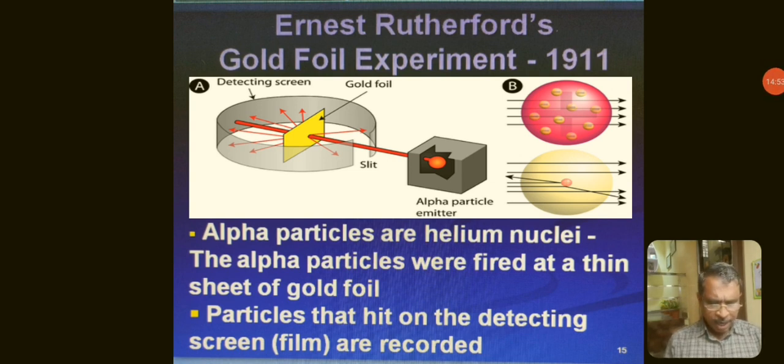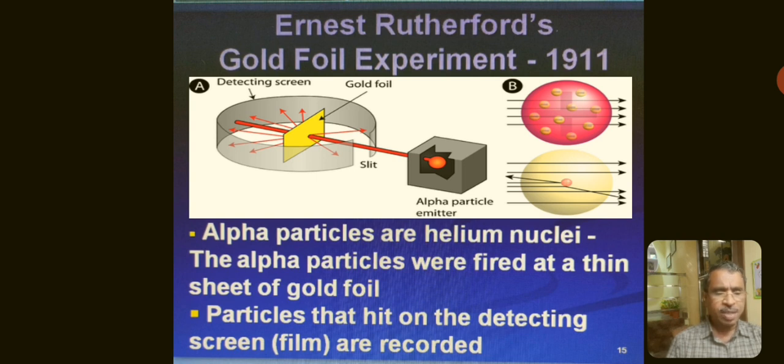In 1911, Rutherford performed the alpha ray scattering experiment to know about the position of the two fundamental particles, electrons and protons, in an atom. The alpha particles needed were obtained from the radioactive element radium enclosed in a box of lead.